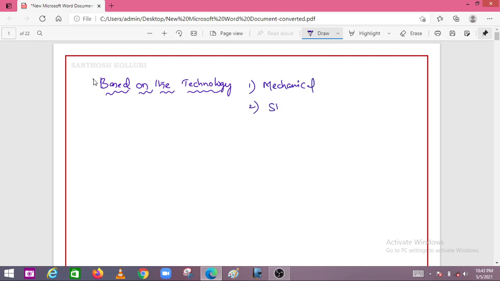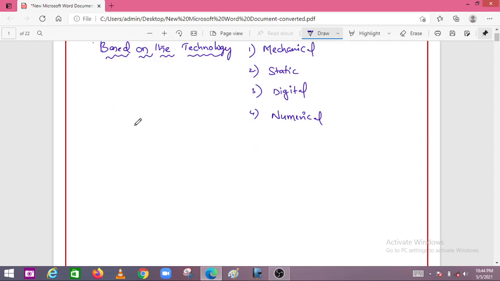Second one is static relays. Third one is digital relays. And the fourth one is numerical relays. So already we have studied this category. Now in this class we'll be explaining the mechanical relays.